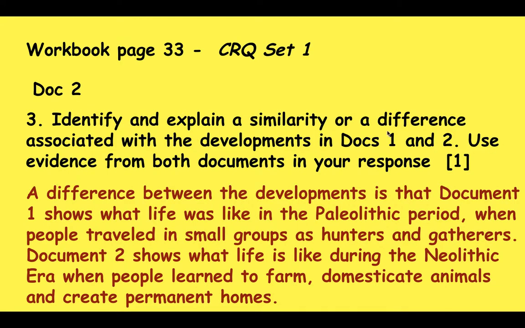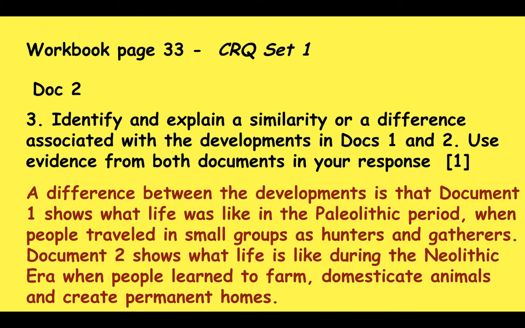So that's my difference. Okay, so you could have written it very differently. You could have said one difference between the two documents is how people lived. In document 1, it reveals that people during the Paleolithic period lived in temporary homes.